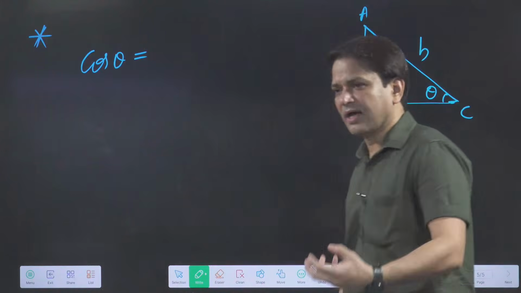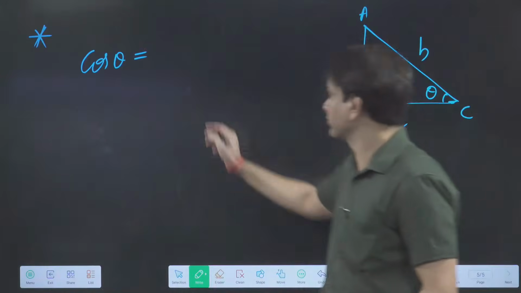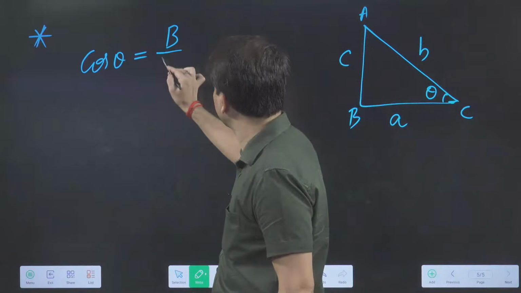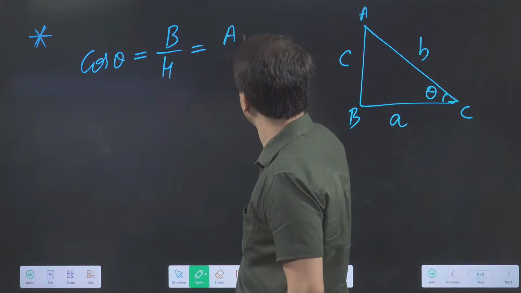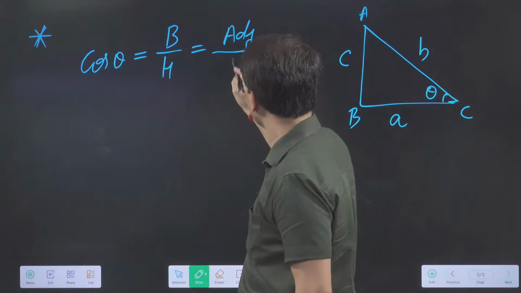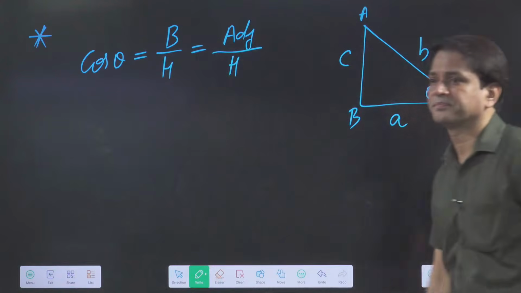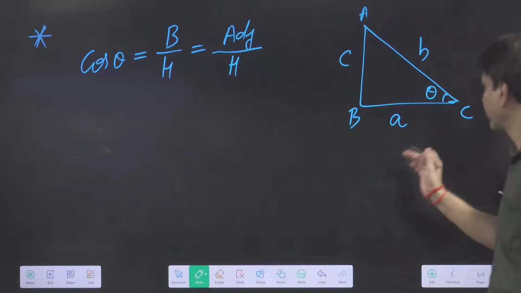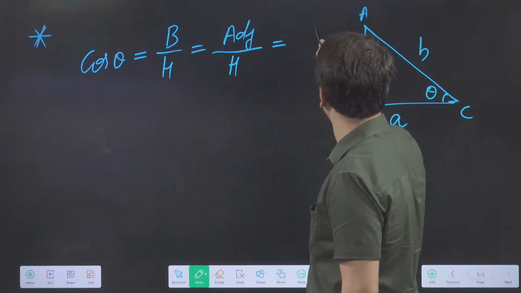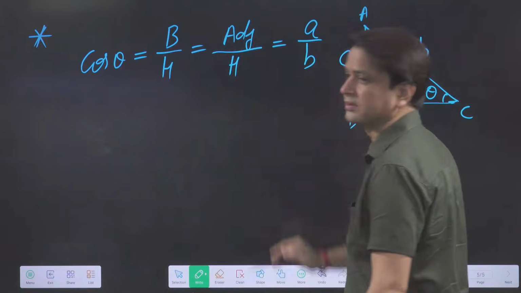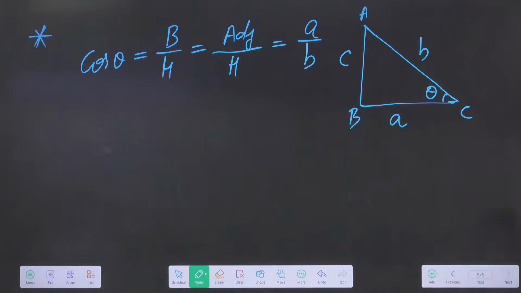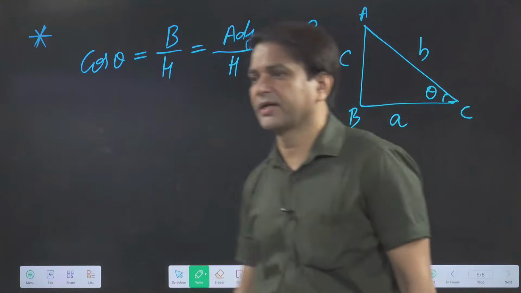My formula is base upon hypotenuse. So we can say B upon H, or adjacent upon hypotenuse. So according to that, what will we get now? A by H. Completed?